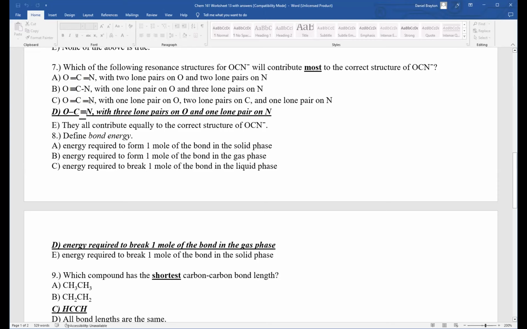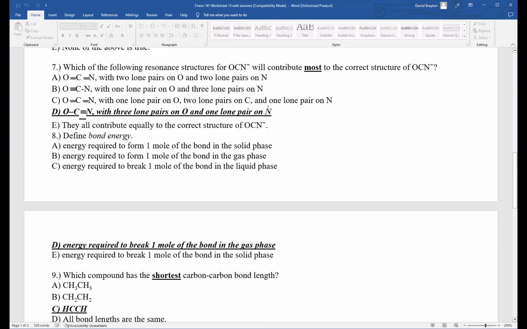All right, then oxygen, carbon, nitrogen, like that, with 1 lone pair on oxygen and 2 lone pairs on carbon and 1 lone pair on the nitrogen. Well, if there's 2 double bonds on carbon, you can't have any more electrons on carbon, so that doesn't really work either. Then the one that we saw, right, 3 lone pairs on the oxygen, which we've seen quite a bit in the examples we've done, and then 1 lone pair on the nitrogen.